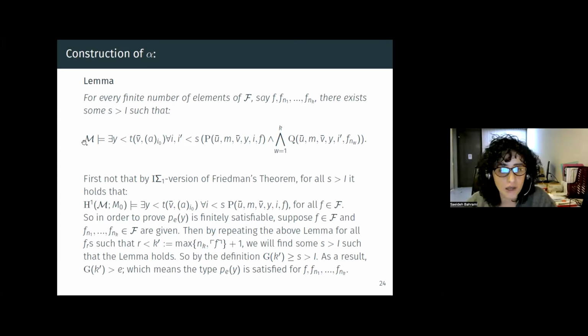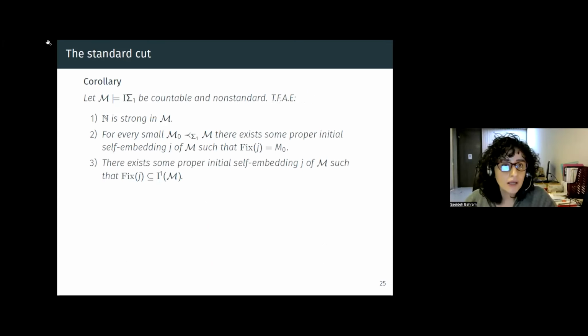And this finishes the proof of the theorem.